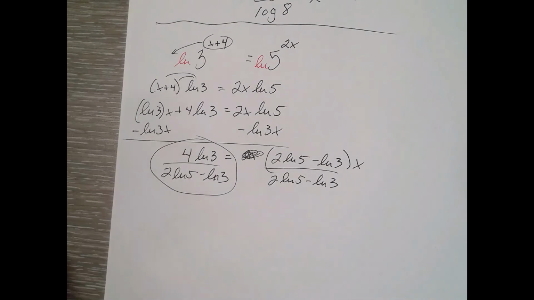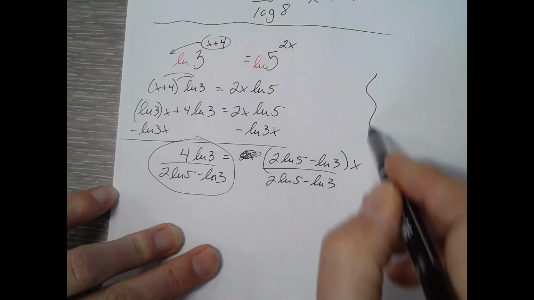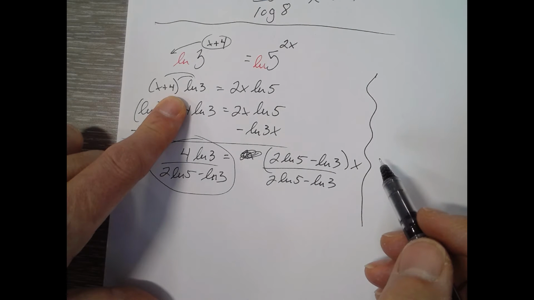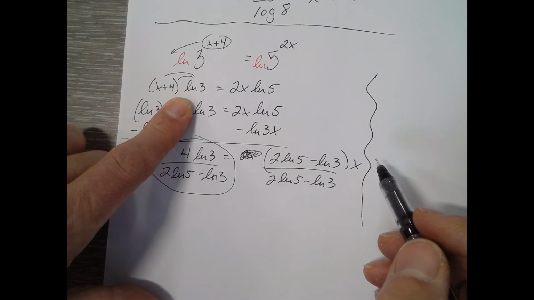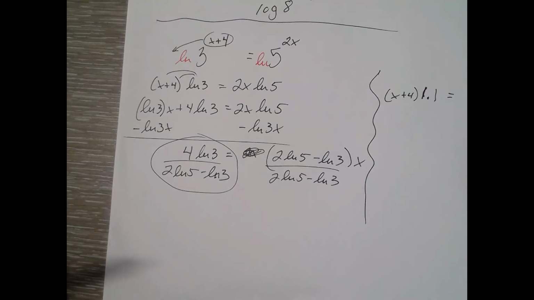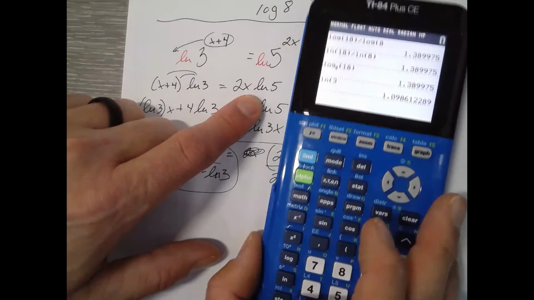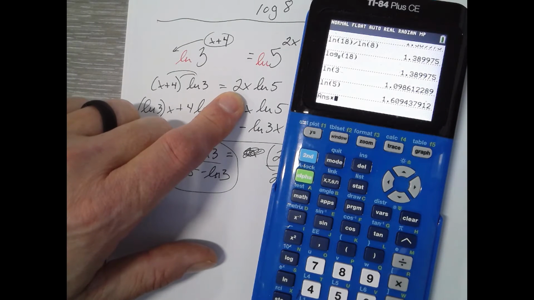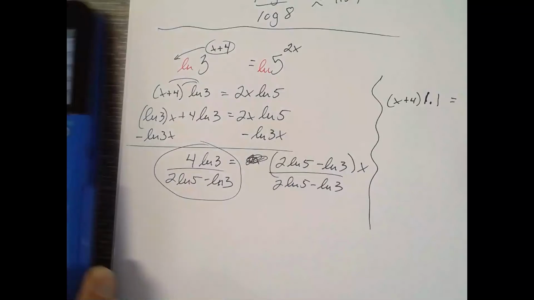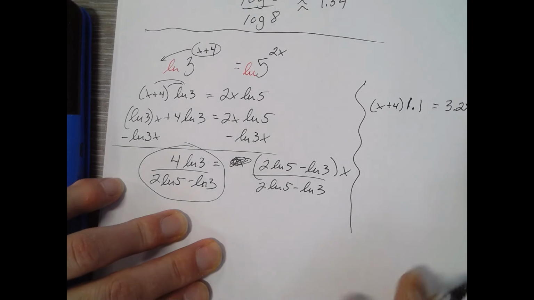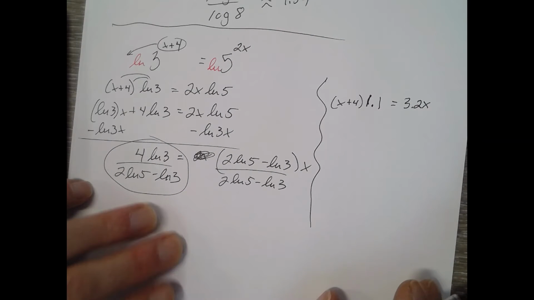So I can do the same equation right here. I'm going to do 1.1 times x plus 4 equals natural log of 5 times 2 is 3.2x. That's the same problem.